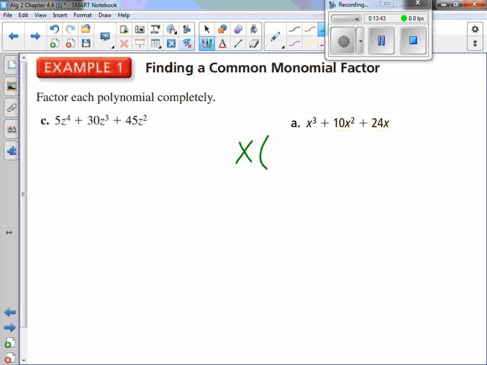X, well, x, yes. Now I can't take x squared because of the 24x, because x is the biggest one it has. Because the most that I can take out of any 3 is 1 of them, because the smallest of the 3 is 1. If this had been x squared, cubed, fourth, then we could have taken 2.